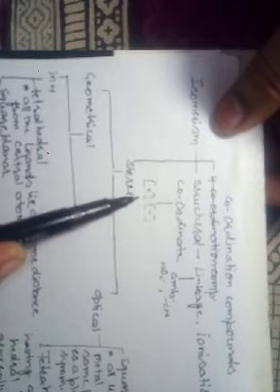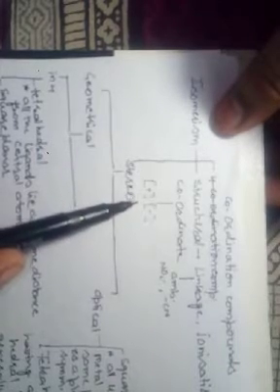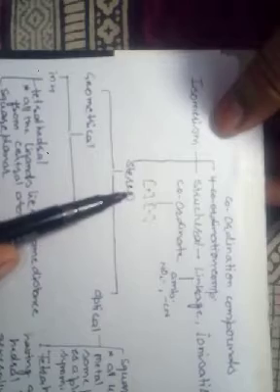Such compounds can show coordination isomerism. In ionization isomerism, the ions present inside the sphere and outside the sphere get interchanged. In this way you can get ionization isomers.